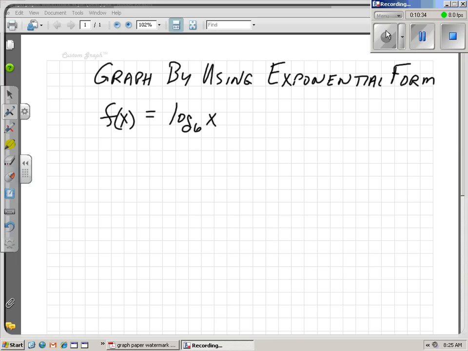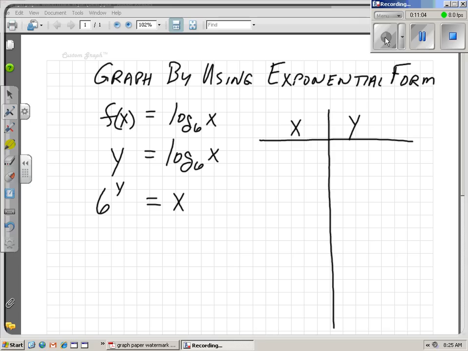And finally, I'm going to show you how to graph using exponential form. So here's our log form. They want us to graph this. Well, we're going to change it back to exponential form just so we can get some x's and y's to graph. Now remember, back in junior high, f of x was called y. So now we have log base 6 of x equals y. If I change it back to exponential form, I have 6 raised to the y exponent gives me an answer of x.